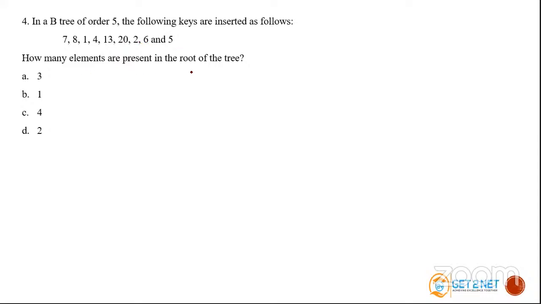How many elements are present in the root of the tree? It's very easy.